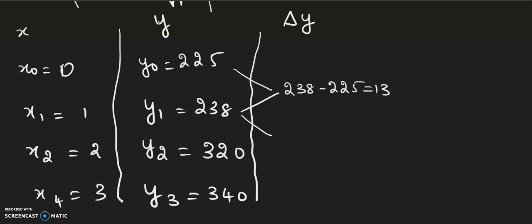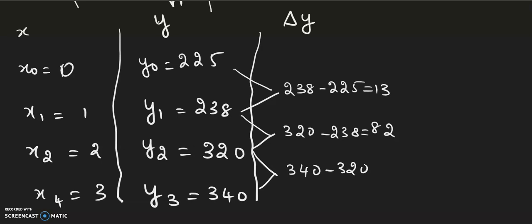Then the second difference is 320 minus 238, so I will write this as 82. The third one is 340 minus 320, that is the second value minus the previous value, which is nothing but 20. This is your first difference, del y.